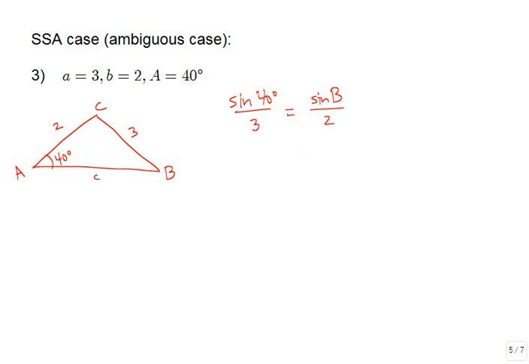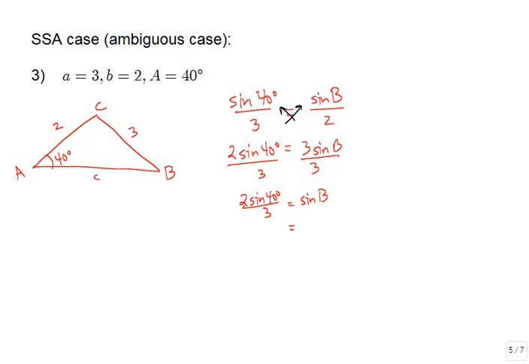And again, we're going to cross multiply here. So if I do that, I'm going to get 2 sine of 40 degrees equals 3 sine of B. Let's isolate that sine of B by dividing everything by 3. And this tells me what sine of B is.